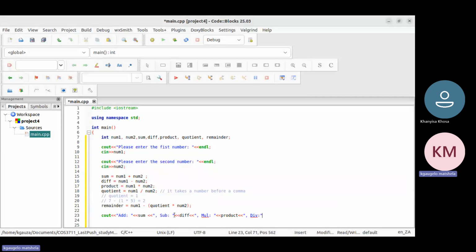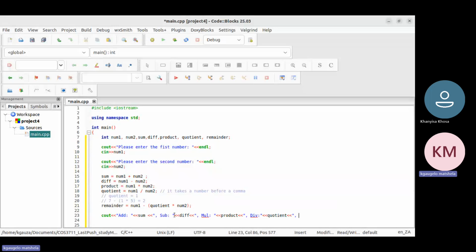Now I have to put quotient, it has to appear. Then the last one, which is modulus.